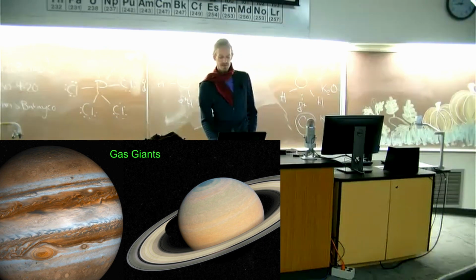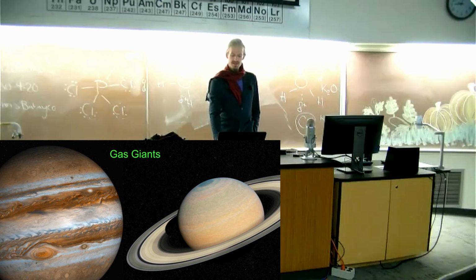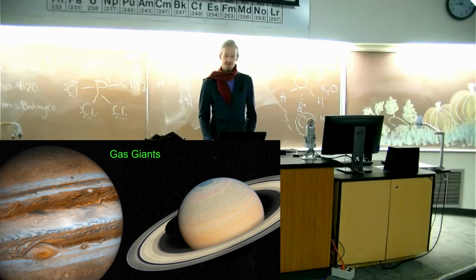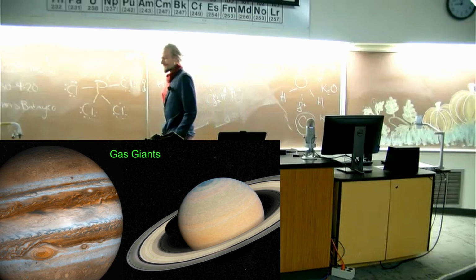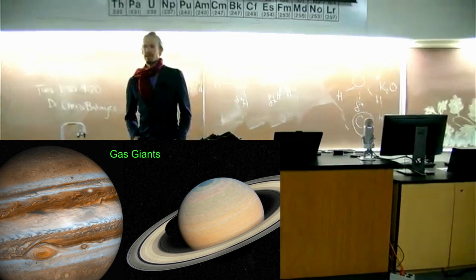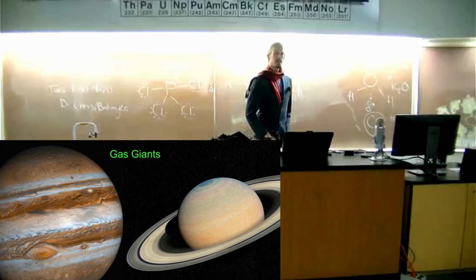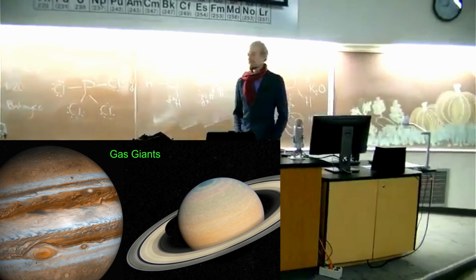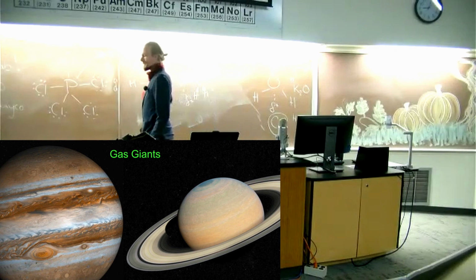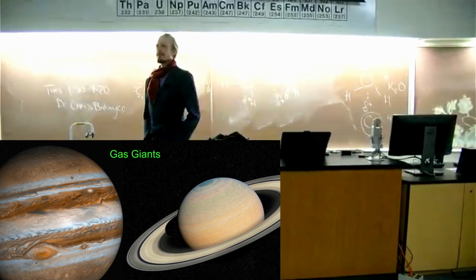The cores of these things are relatively poorly understood, especially when it comes to our own bodies in our solar system. Again, we can make density estimates. That's the best that we can hope for. It's very difficult to penetrate the thick metallic hydrogen mantles of these bodies and really get echoes like we did with our rocky planets.